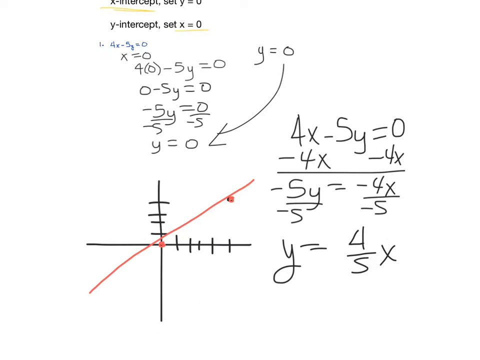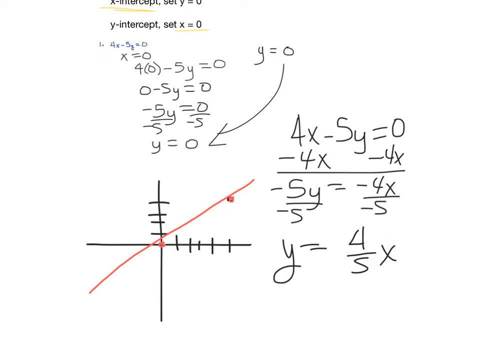Now, let's do it where we have to get two separate intercepts. When you are finding the intercepts, if the x and the y-intercept are the same, then you need to find the slope so you can get another point. But when the x and the y-intercepts are different, then you can just plot them and graph the line.